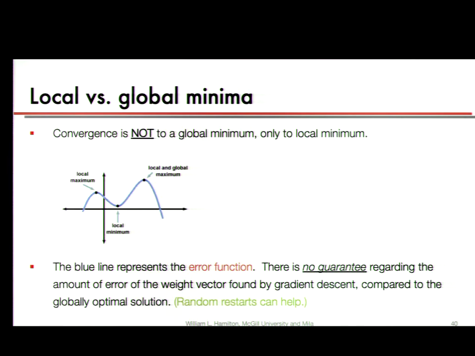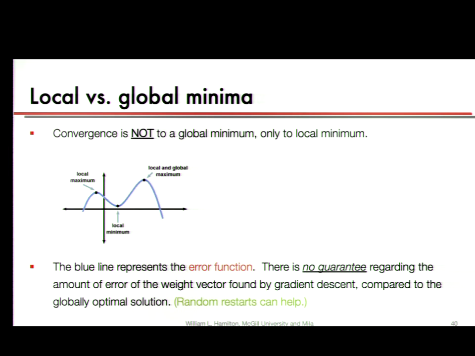One of the things you can do if you're really worried about this is a bunch of random restarts. So you can do gradient descent once, run the model, get to an answer, do it again, and odds are, say there's 10 local minima, if you run 100 times, you're going to hit them all. And you can just choose the best one.